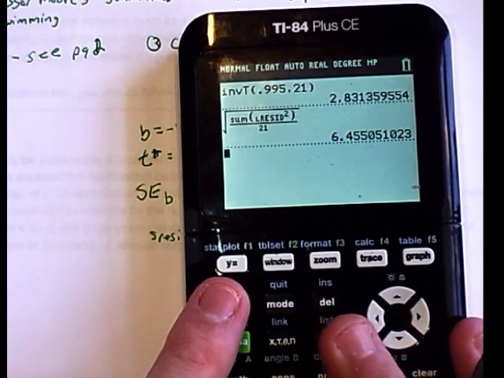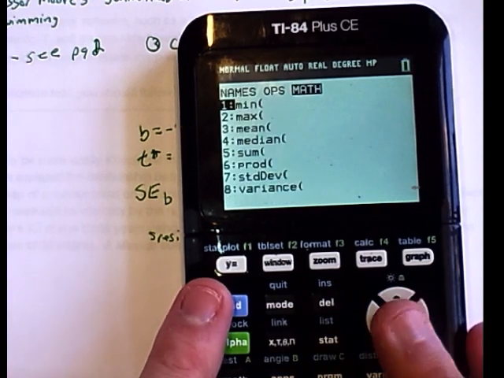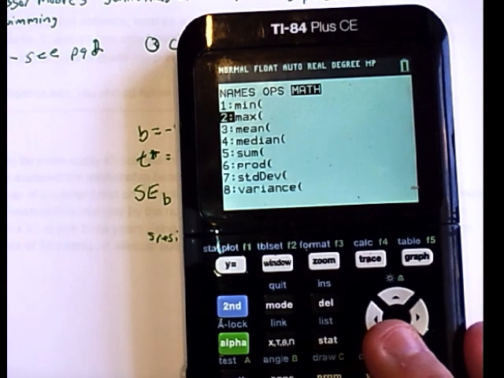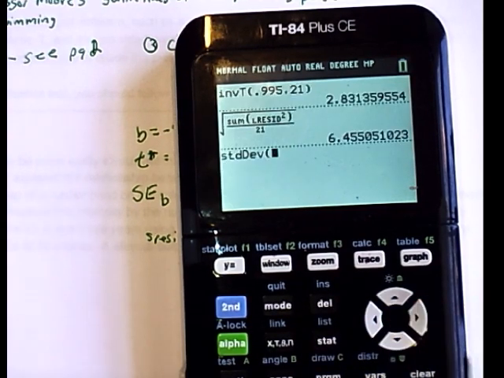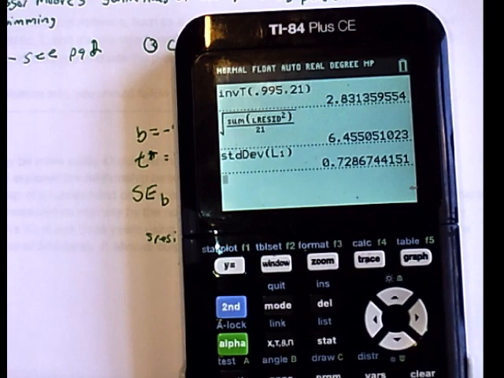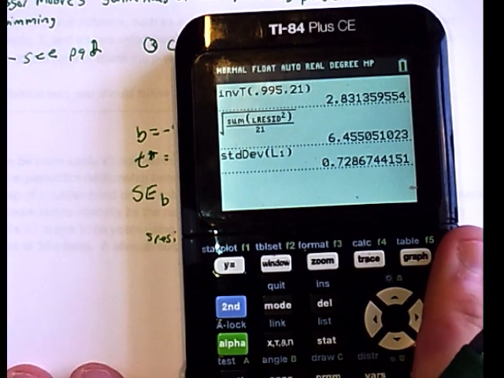So if I go list, go over to math, I just want the standard deviation of list 1. That's where my x values are. That's one way to get it, 0.72867.